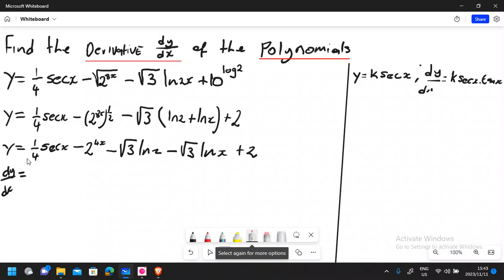Okay, this term here, that is a dy dx. So you're going to substitute this dy over dx on the first term. Now before we start though, you need to know what is k. K in this case for the first term is going to be 1 over 4.